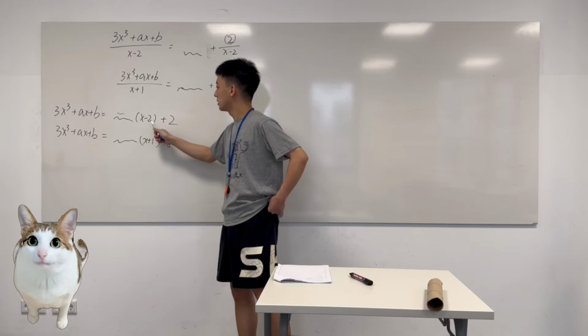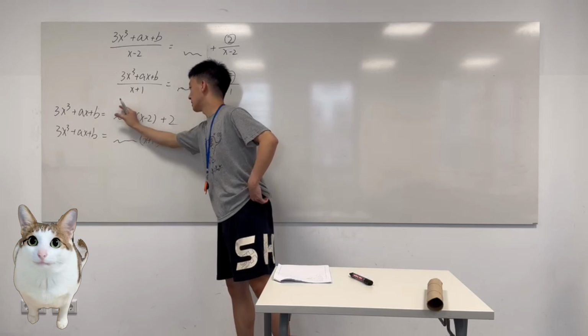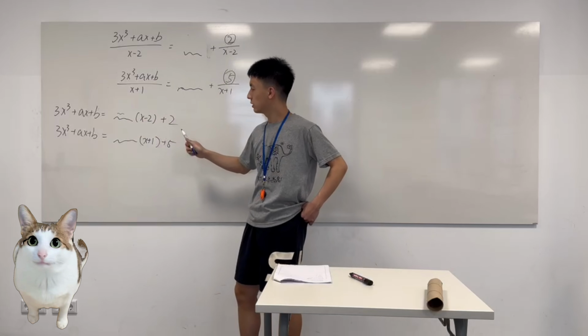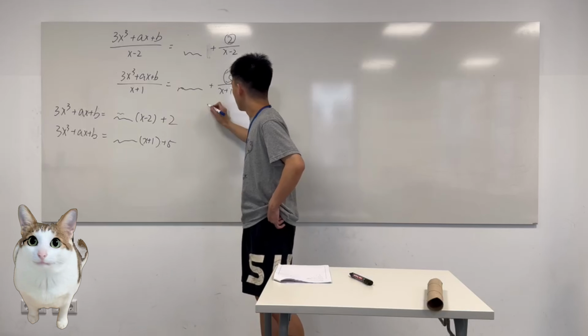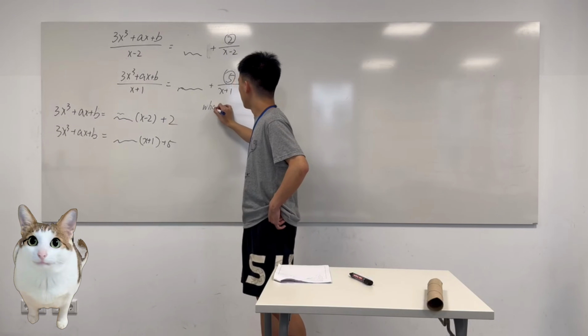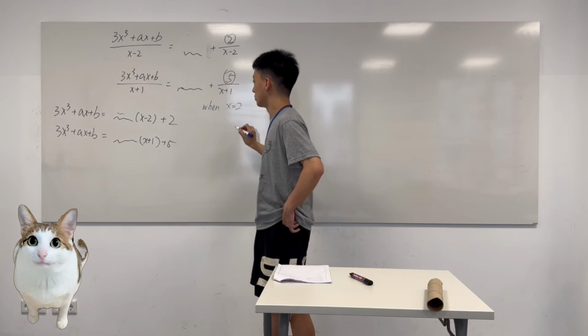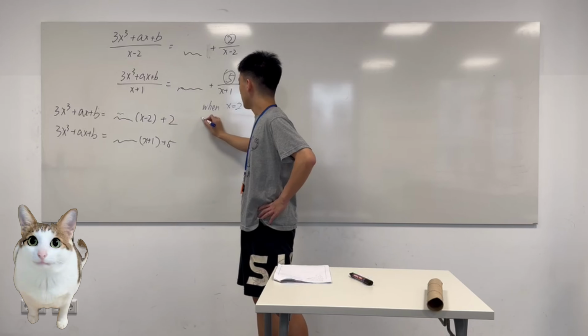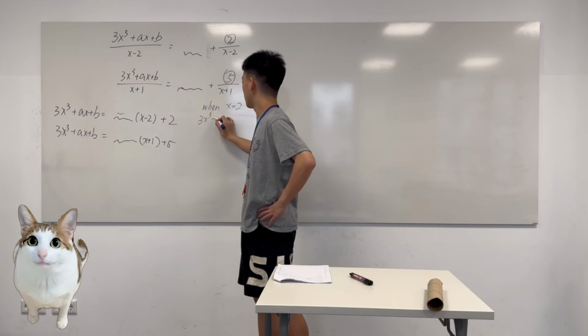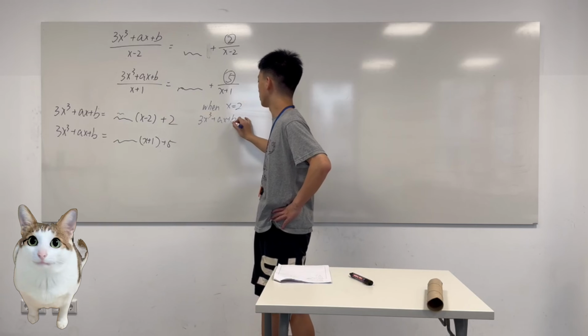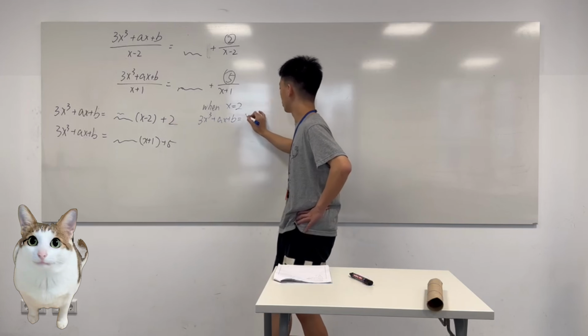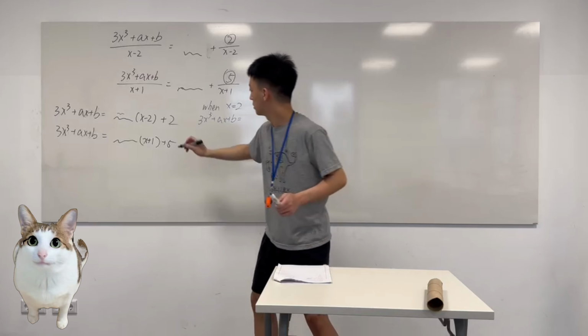Therefore, everything here will be 0, and we will get 2 left. So it means when x equals 2, we know that 3x cubed plus ax plus b should equal 2. The 2 here.